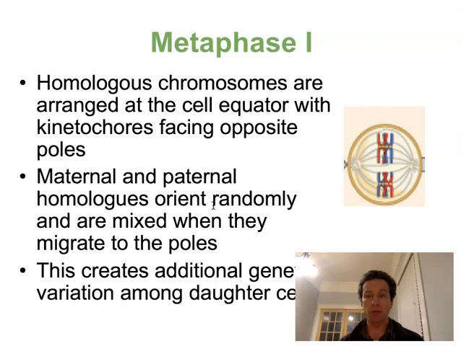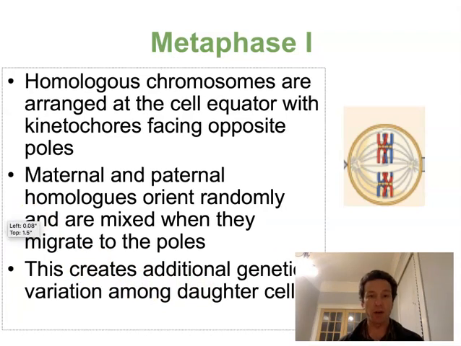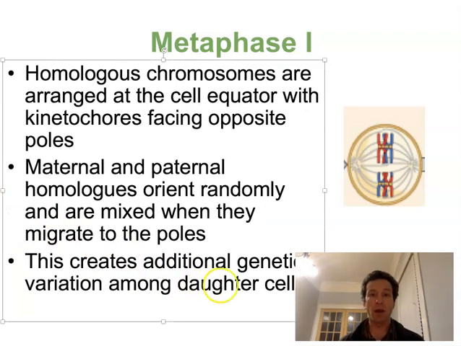And this is going to be important to increasing genetic diversity among offspring, because in an individual, there will be many cells going through meiosis, and each cell will have a different random orientation of their chromosomes. This means that daughter cells will have genetic variation, and if that is true, then the offspring, when gametes from different individuals come together, will also have genetic variation.